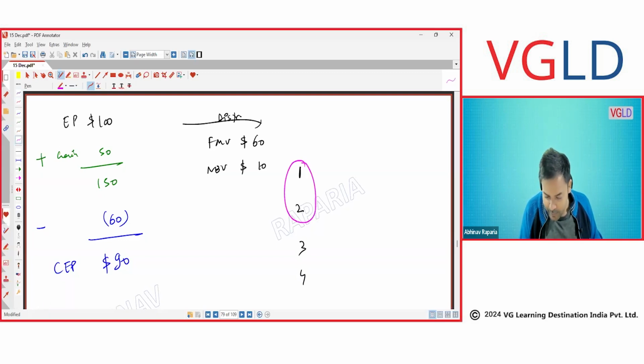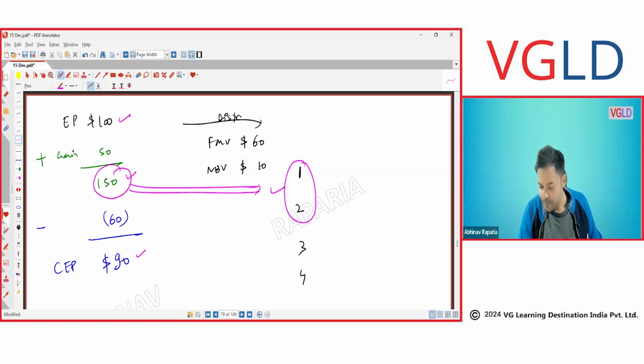Should I take 100? Should I take 150? Should I take 90? Brilliant. Very good. We have already done this, guys. We take 150. We take the appreciated property. Point clear value, guys. I hope it is okay, guys. Should I move? Any doubt till now, guys?